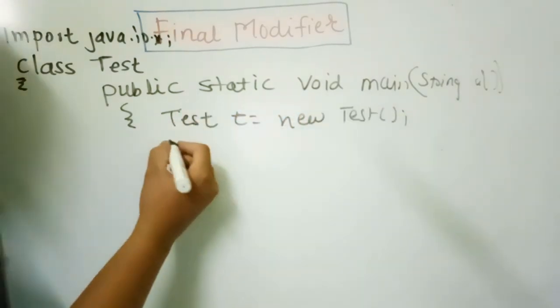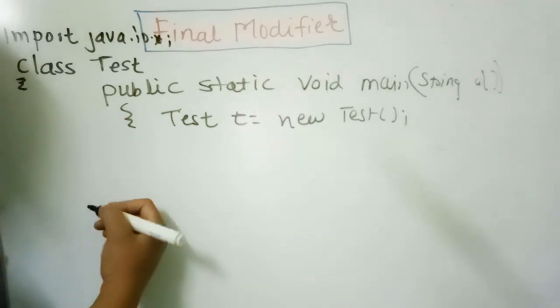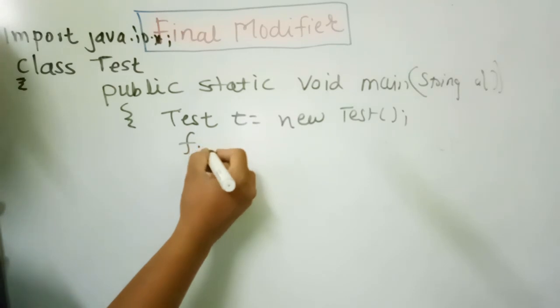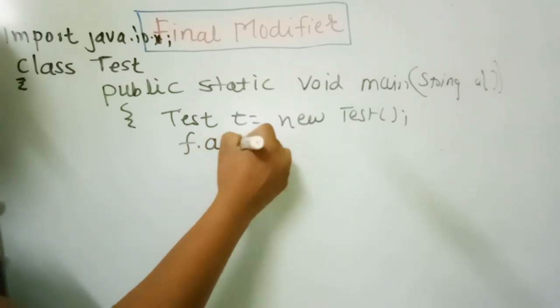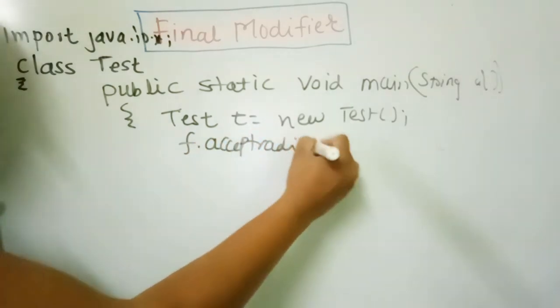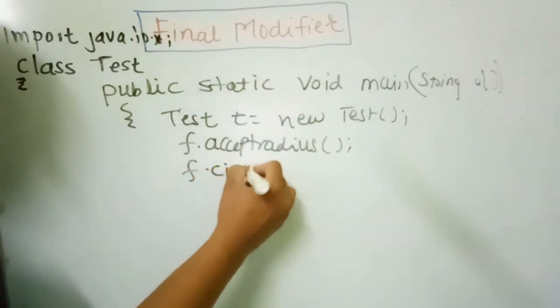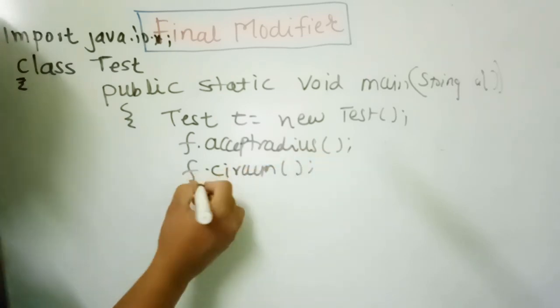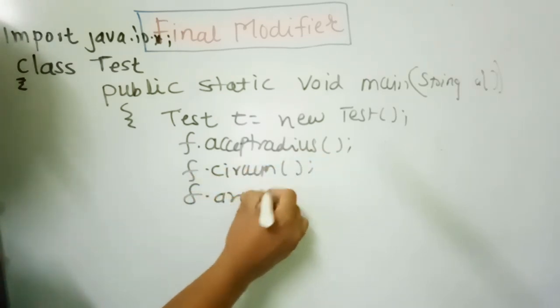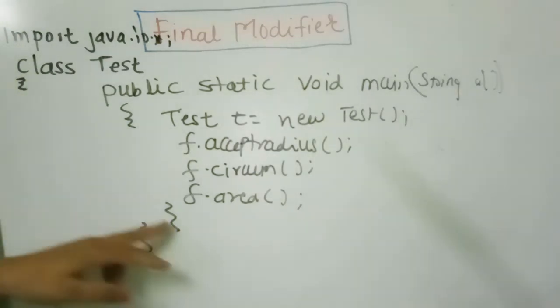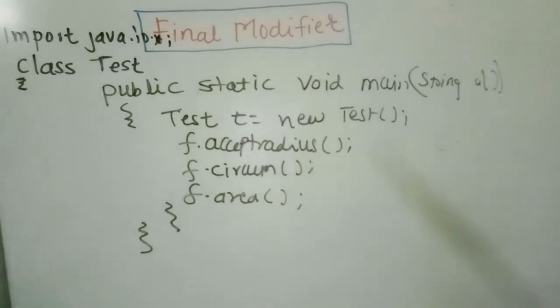Now only call all the methods which we have created. For example, first was accept radius, then second was circumference calculation, and last one is the area calculation. We simply complete the main function and complete the main class.